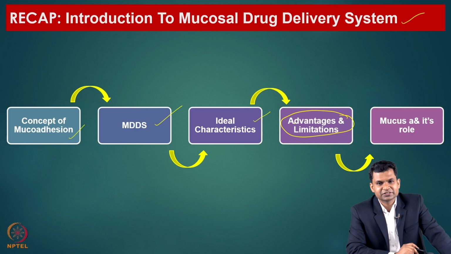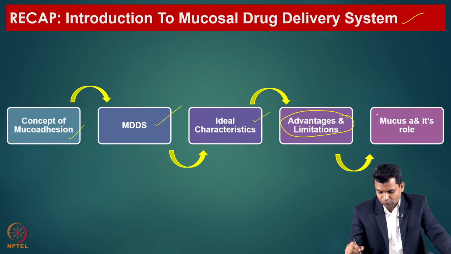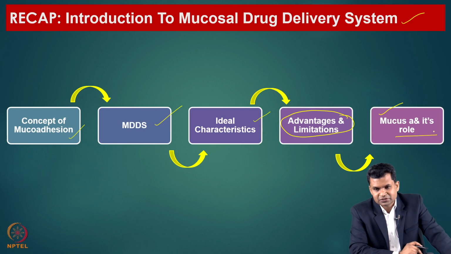Then we saw the advantages and the limitations of the mucoadhesive drug delivery system. Then we discussed the role of mucus in drug delivery systems, and we have seen the functions of mucin.